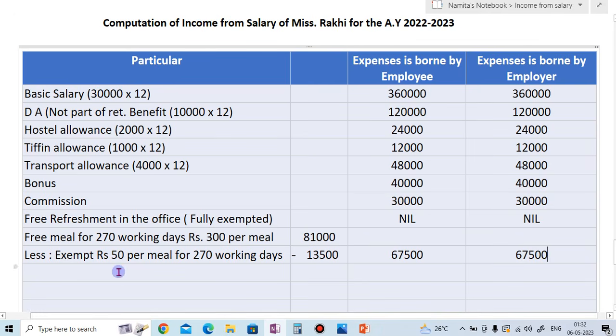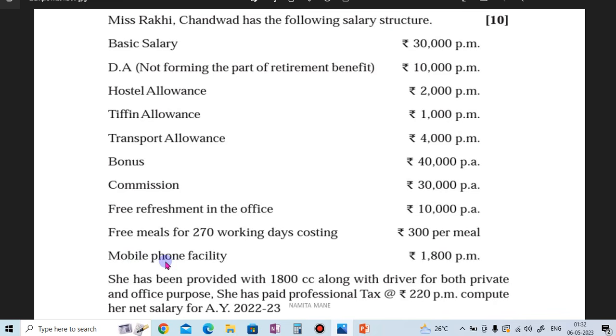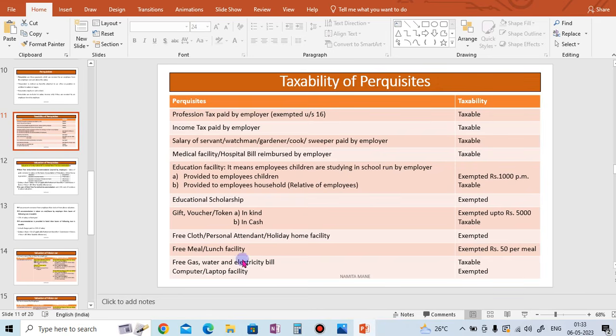Clear? Okay. Next point is mobile phone facility, 1,800 per month. Now the mobile phone facility is also fully exempted. Okay, it is also fully exempted. See, computer, laptop, mobile phone facility: the facility is not taxable, it is exempted.